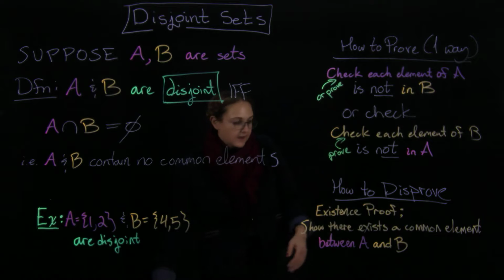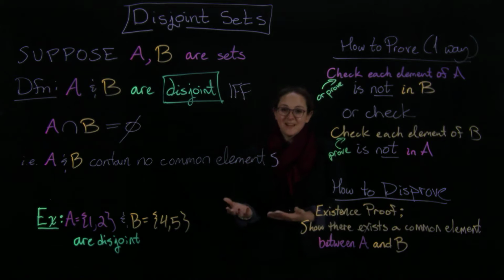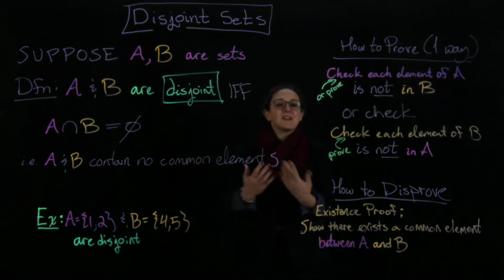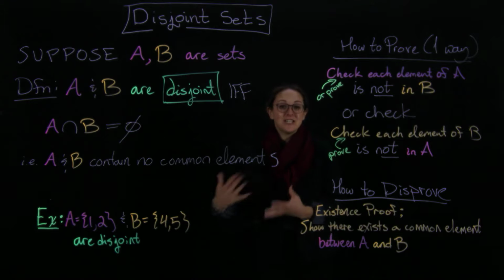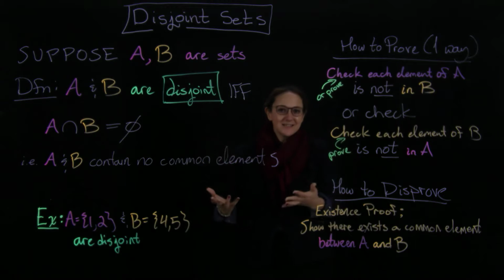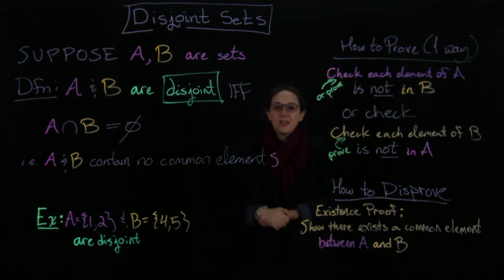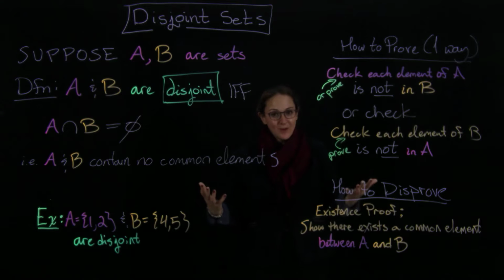I would have to state the element. In my scratch work I'd find the element, and then I would state the element and show that it actually works, so it is in both A and B. Disjoint sets have no common elements.